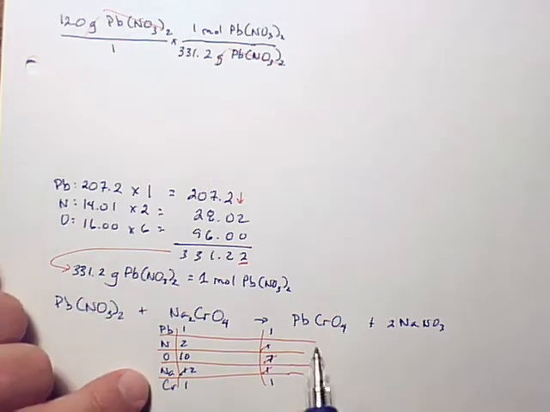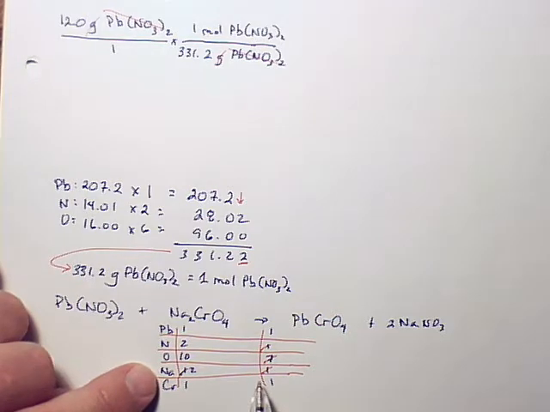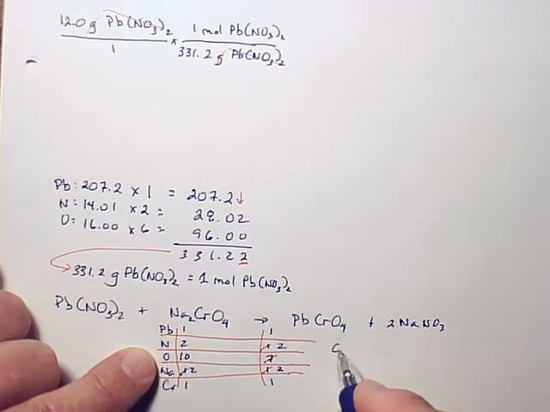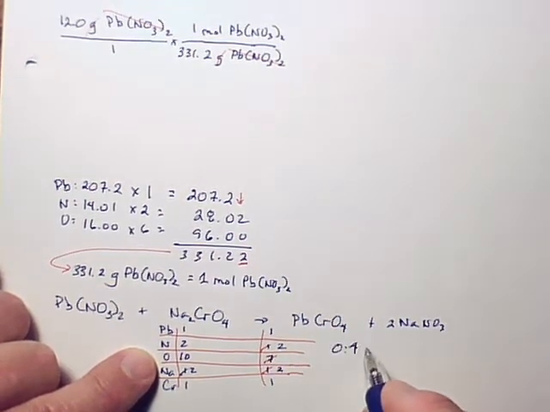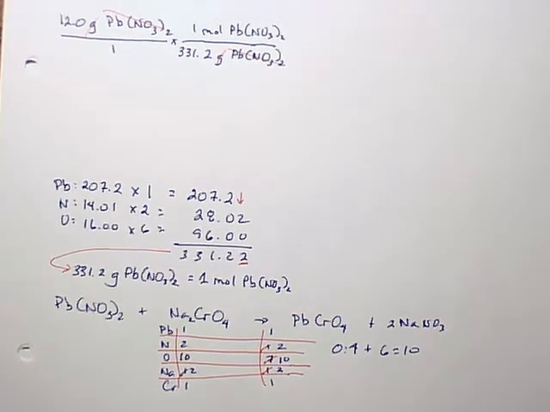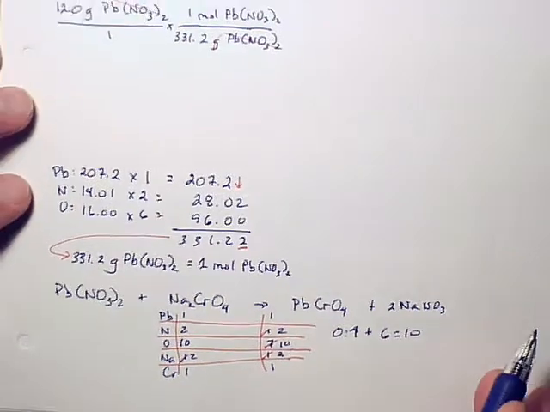Yeah, I did. Okay. So now, we're now going to have 2 sodiums. We're going to have 2 nitrogens. And we have 4 oxygens here, plus 2 times 3 are 6, giving us 10 oxygens. And the equation is balanced because the number of atoms on both sides are all equal. So there's our balanced equation.